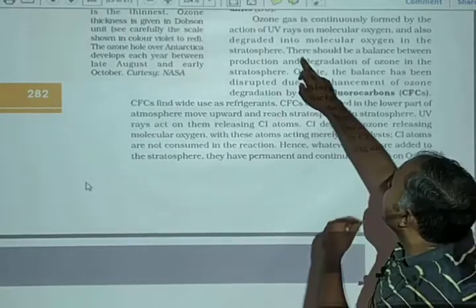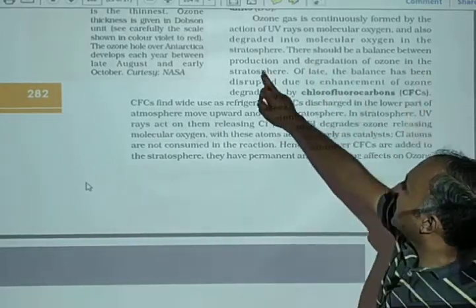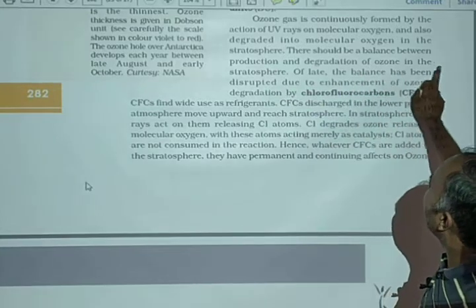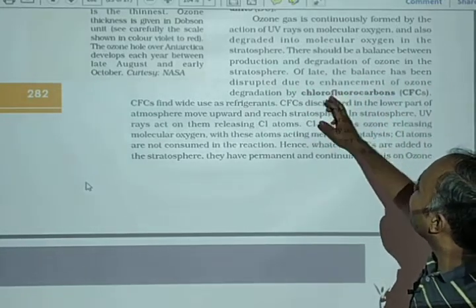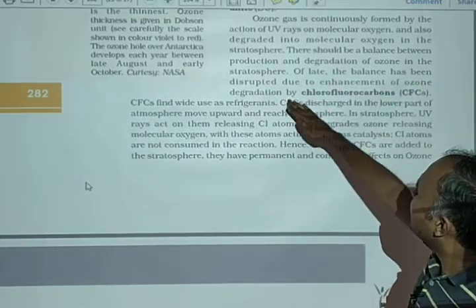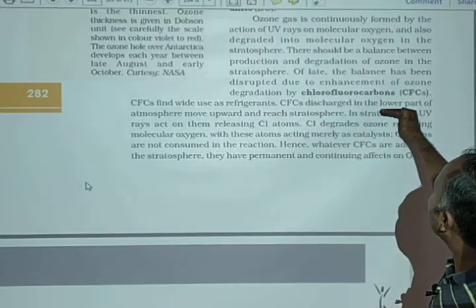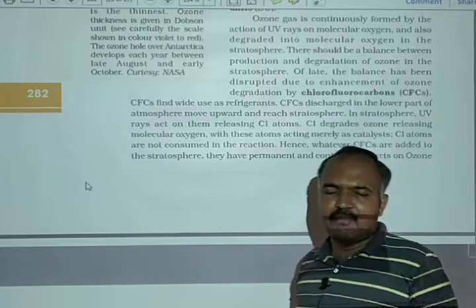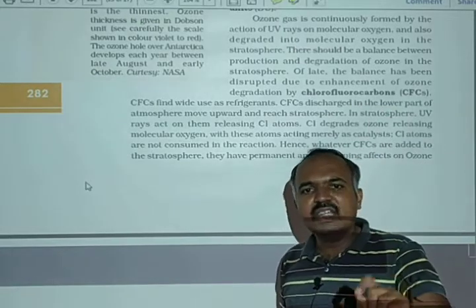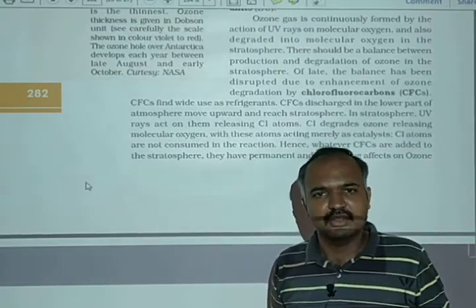Yes, there should be a balance between production and degradation of ozone in the stratosphere. Of late, the balance has been disrupted due to enhancement of ozone degradation by chlorofluorocarbon.